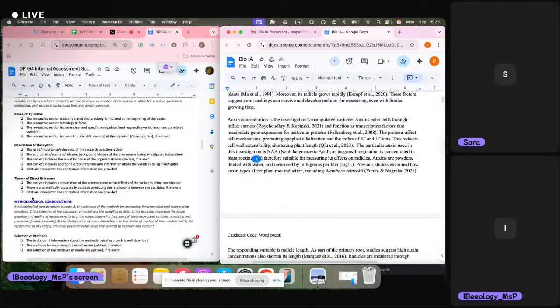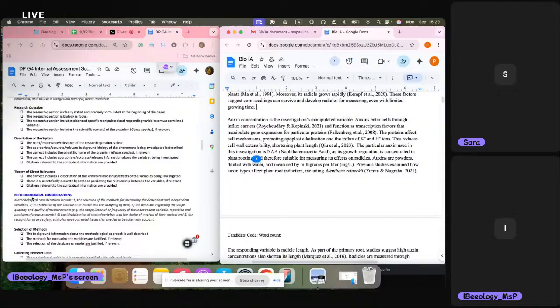We're looking for citations relevant to contextualizing the information you have provided, direct relevance of a theory. Here it says context includes a description of a known relationship of the variables being investigated. So is this something that is common knowledge already? Did you read it somewhere in your textbook, or somewhere that the information can be cited?